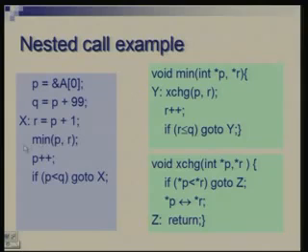It is being passed two parameters: P, the pointer to the place where the minimum value has to be kept, and R, a pointer to the area in the array from where you need to start scanning. So R is made P plus 1 and then you make a call.